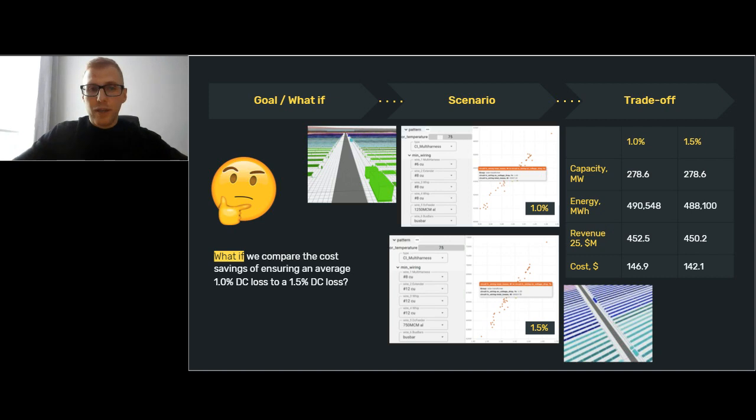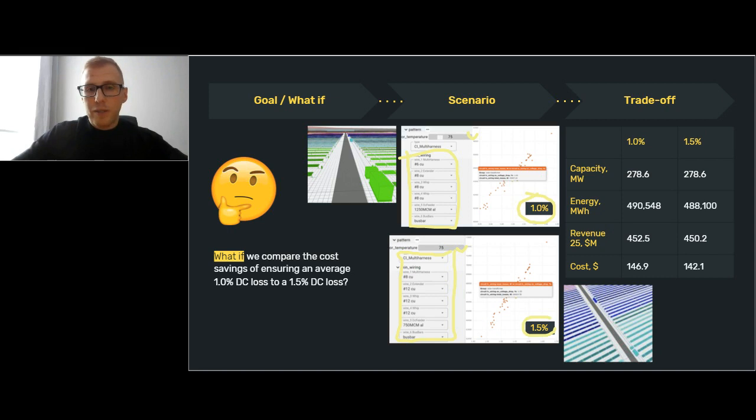We created one layout and used one type of wiring, and then we created another one with the same temperature. Let's say here we have conductor temperature 75. We used harness, I think it was 2 harnesses per tracker, and so we got different wiring based on the requirement, and we achieved 1% DC loss and 1.5% DC loss.